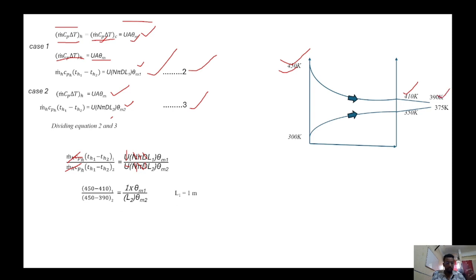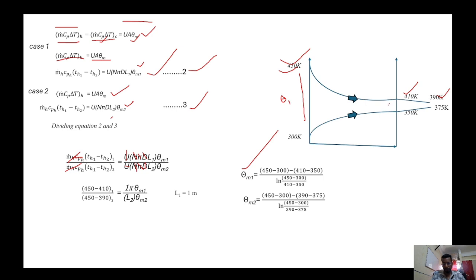L1 is the length of the tube for case 1. So L1 into theta m1 divided by L2, we have to find theta m2. What are theta m1 and theta m2? Theta m1 is, for case 1, 450, this is theta 1, and this is theta 2.